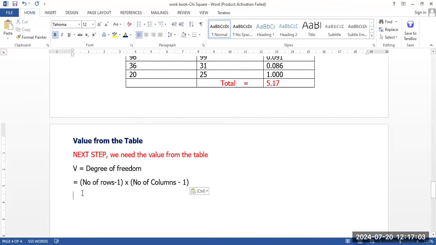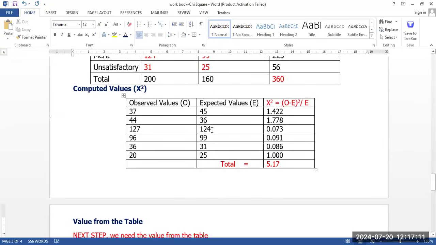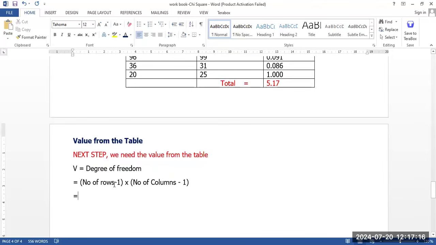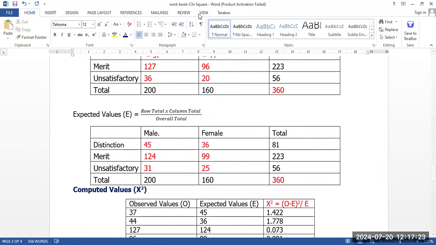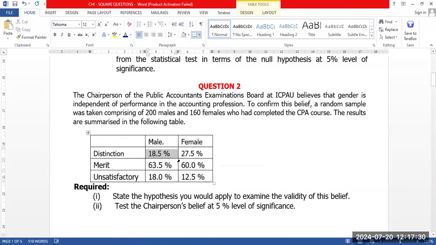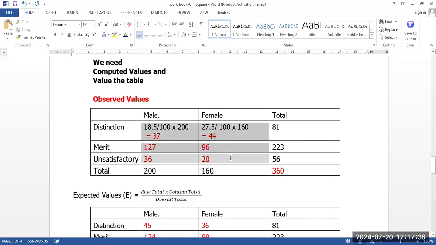Degree of freedom is V. How many columns and how many rows do we have in this question? Remember, we observe the number of rows based on our observed values. Always check the question. This is where we had observations.